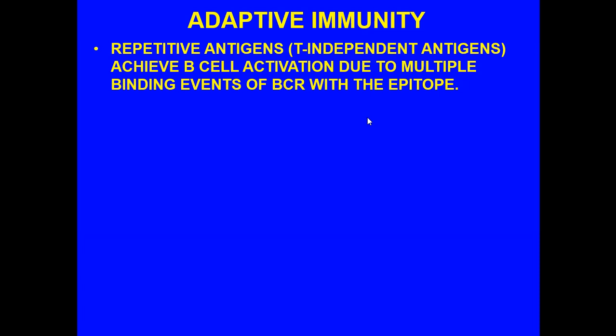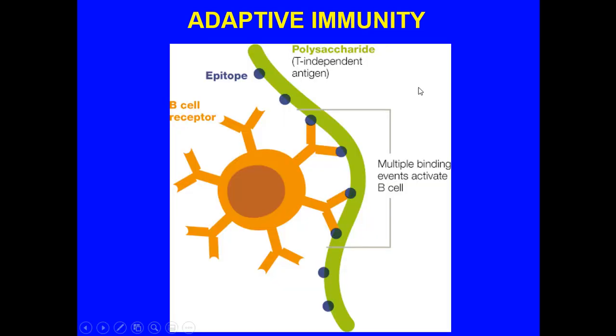Now, one thing. Remember I talked about repetitive antigens? That's part of the T-independent antigens. They achieve B cell activation due to multiple binding events of the BCR with the epitope. What do I mean by that? Here, let's go over this. This is the polysaccharide. These are the epitopes of the polysaccharides studded all along this membrane, if you want to say, or this could be for the capsule of the bacteria.